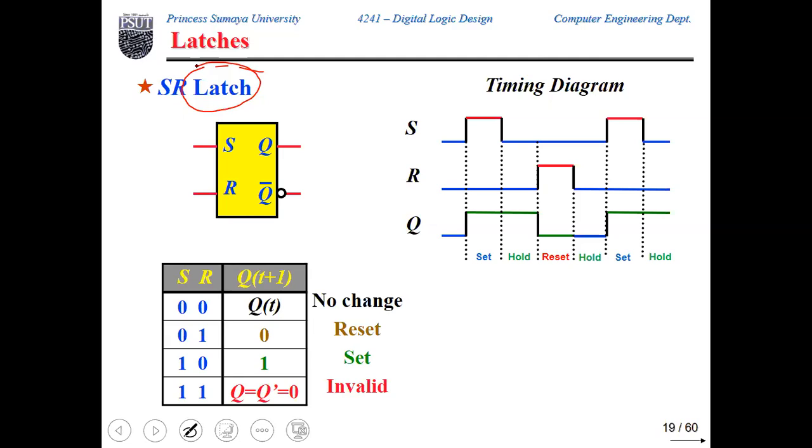So if you look here, as soon as S has changed from 0 to 1, the stored value has changed as well. Nothing prevented the change in S from affecting Q.